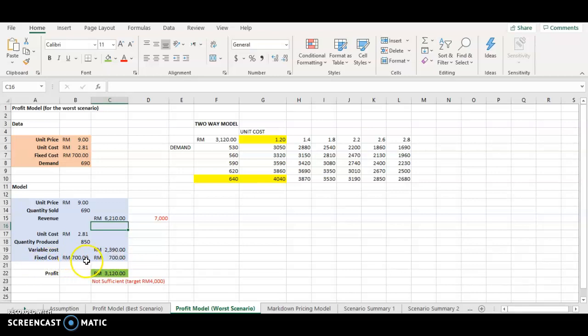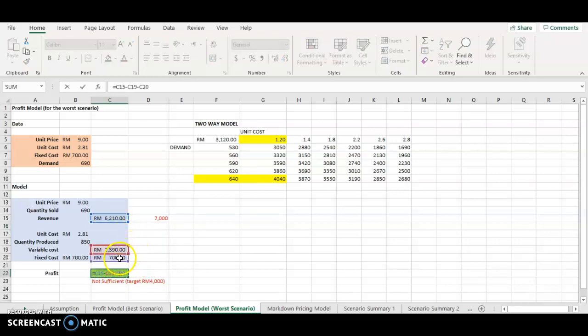For the fixed cost is 700 and resume, and there's no change. As for the profit is 3,120 ringgit, when the revenue minus with the variable cost and minus with the fixed cost, then I get the profit.